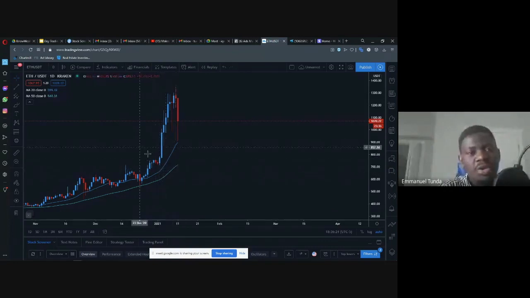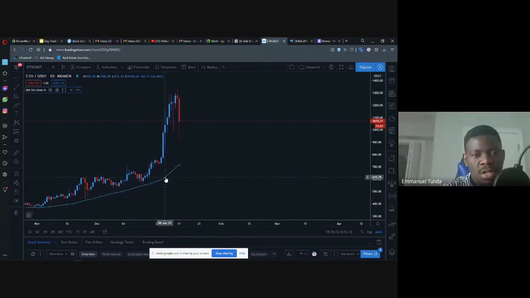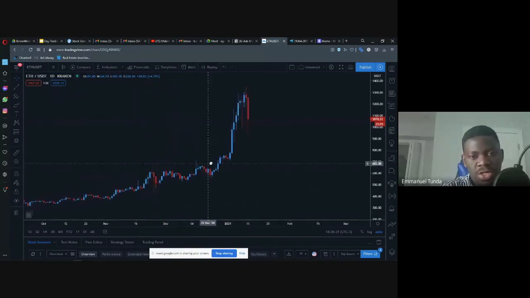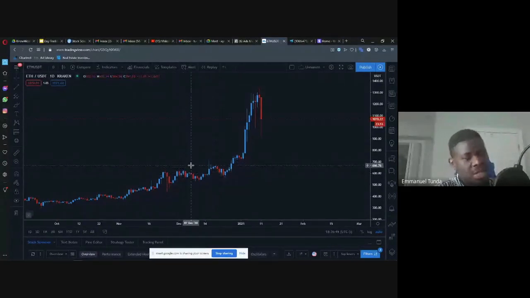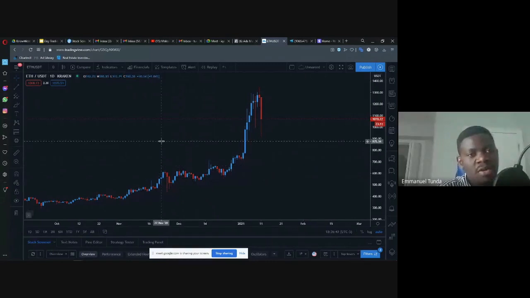So how you set it up or how you add it on your chart depends on what platform you are using. This one is just TradingView. It's a free platform that you can go to, to do all your technical analysis for any security: crypto, forex, or stocks, you can get all of them here on TradingView.